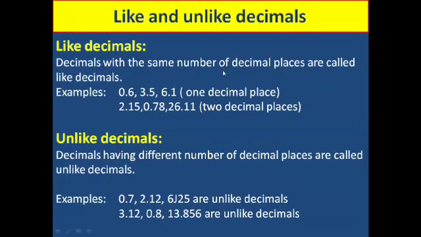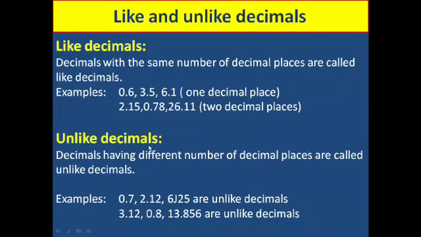Let's understand like and unlike decimals. Like decimals: decimals with the same number of decimal places are called like decimals. For example, 0.6, 3.5, 6.1 all have one decimal place, and the numbers 2.15, 0.78, 26.11 all have two decimal places.